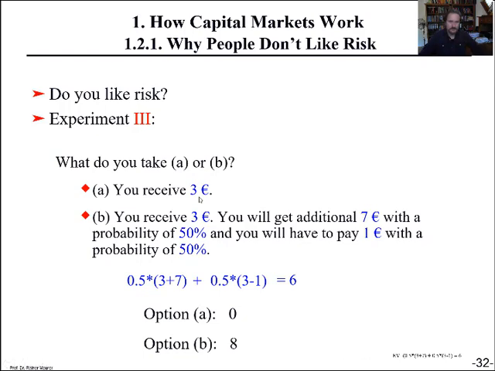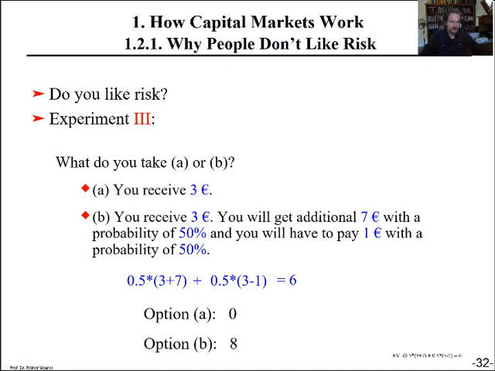And when the lucky variant of option B realizes, you will receive €10, which is of course more than the certain payment of option A. Consequently, it is again not possible to say what decision, option A or option B, is right or wrong.